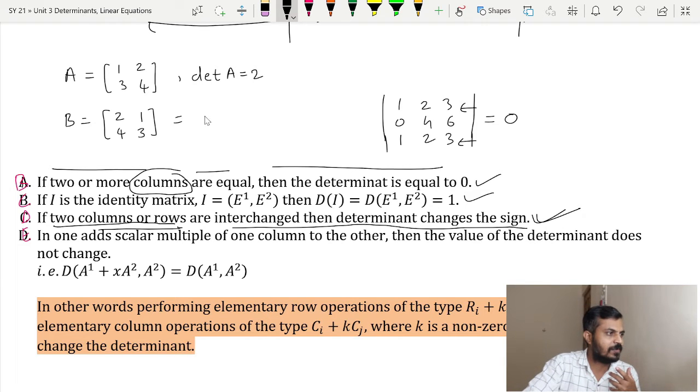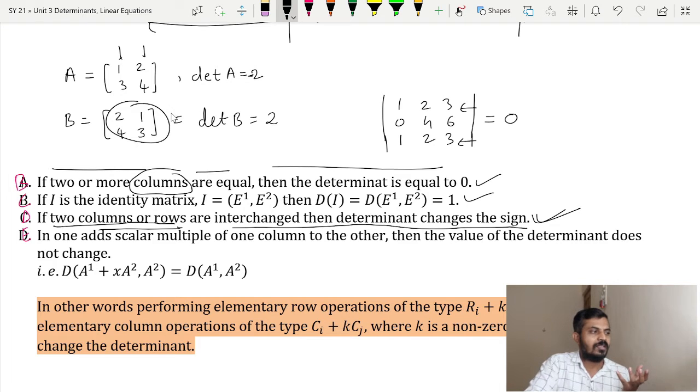The determinant of A is minus 2, and if you find the determinant of B, you can see that it is nothing but 2. Why has this happened? Because we have interchanged the first column and second column. So this is the meaning of this property, and this property is very useful, remember.